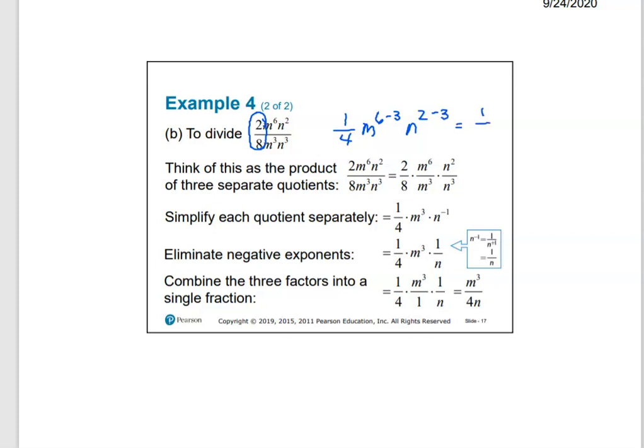That's going to give me 1/4, m to the 3rd, and n to the negative 1st. So this n needs to go on the bottom with the 4, but the m, since it's positive, can stay at the top with the 1. You don't have to write the 1, but that would be the answer. So we're going to move our negative exponent to the bottom when we have it, and leave the positive exponent on top.